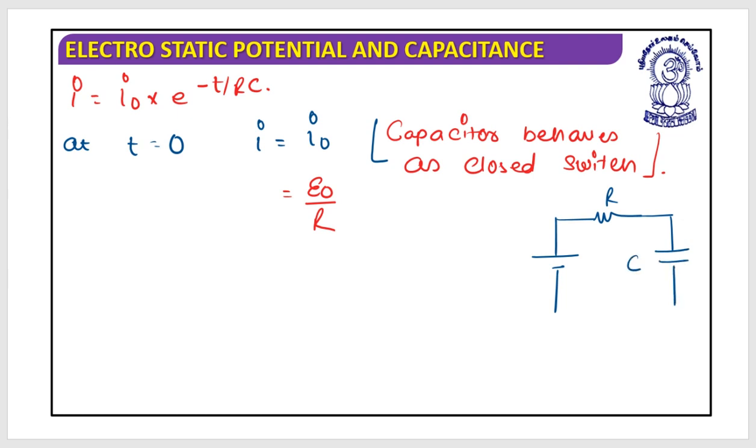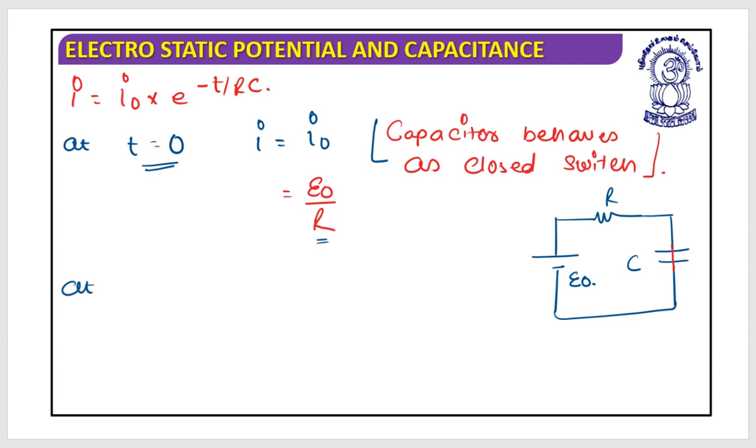It has been connected with the capacitor. Yes, this is E naught. So at t = 0, when the switch has just been closed, I = I naught, which is E naught by R. That means the capacitor has been removed and this wire has been connected. So this is the situation when t = 0.